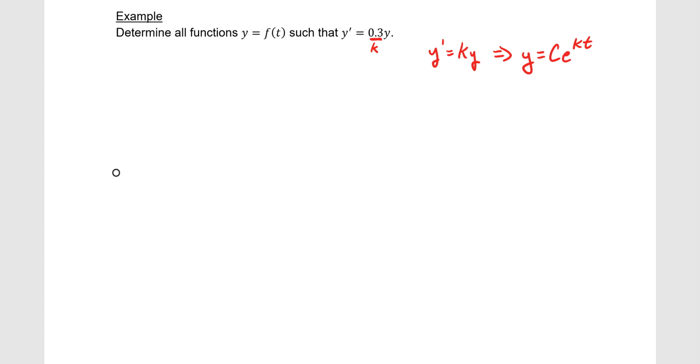And that means our solution is going to be y equals c times e to the 0.3t, because we said k was 0.3 in this example, and it's really just as easy as that.